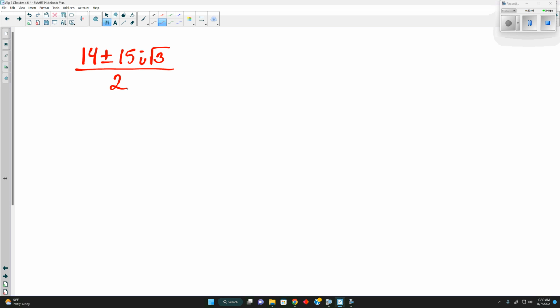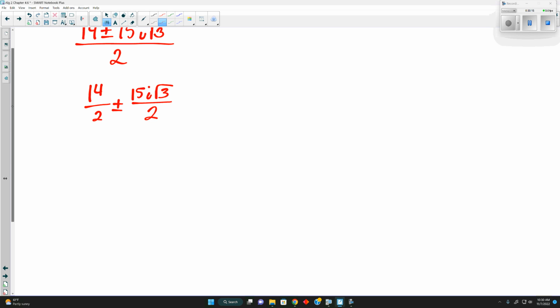No. But what they'll do is say 14 over 2 plus or minus 15i square root of 3 over 2. They'll break it up like this, with two separate fractions, because the first one, 14 over 2, simplifies, and give that as the answer. Sometimes they'll split it apart like that.